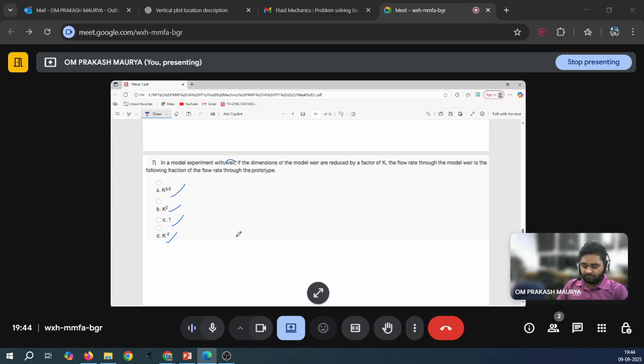Again I want to read the question. The flow rate through the model weir is which fraction of the flow rate through the prototype: k to the power 5 by 2, k squared, 1, or k to the power minus 2?